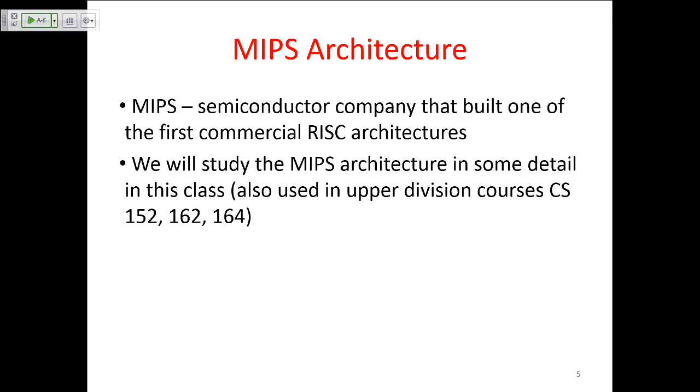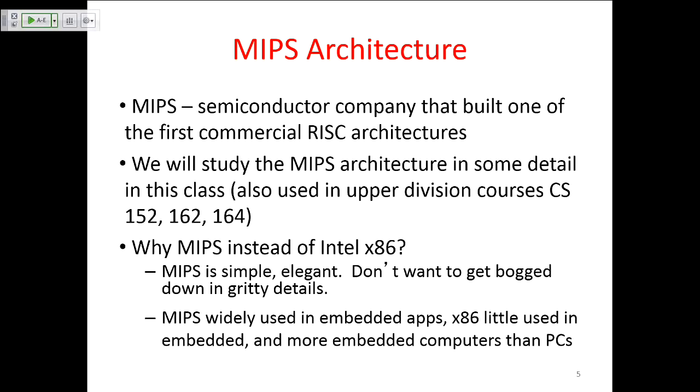Some may wonder, why is it that we're not looking at, let's say, x86? It's a very, very popular architecture. x86 started as a complex instruction set, and then they were trying to chop it up and simplify it through microcode to get it to run faster. So nowadays it's somewhere in between. There's a lot of bloat around it, and for the first thing for you to learn the principles, it would be too much.